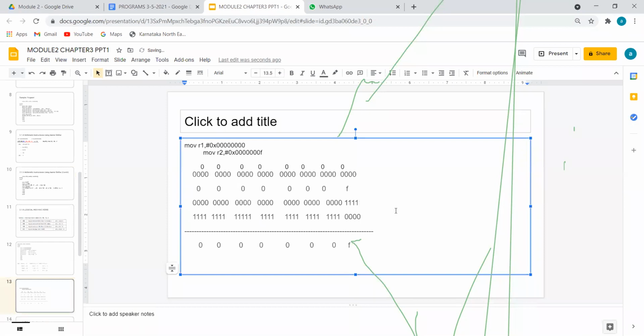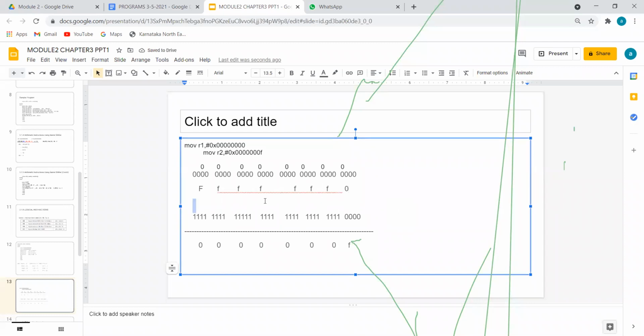So what I will do, I'll clear this content. Okay, so because the number is changed now, what will be the new number after this complementing? F, F, then F, then F. So correct your answer: F, F, and 0.